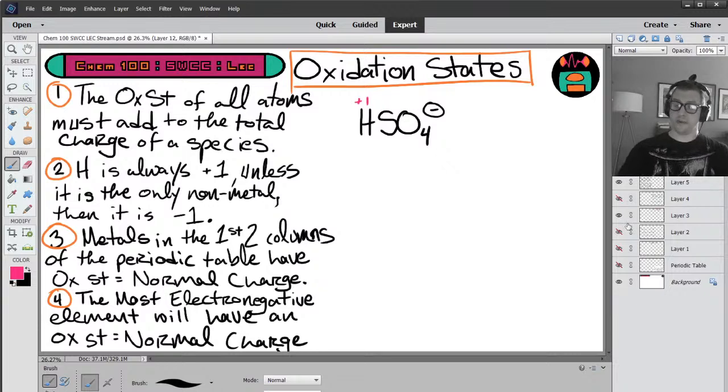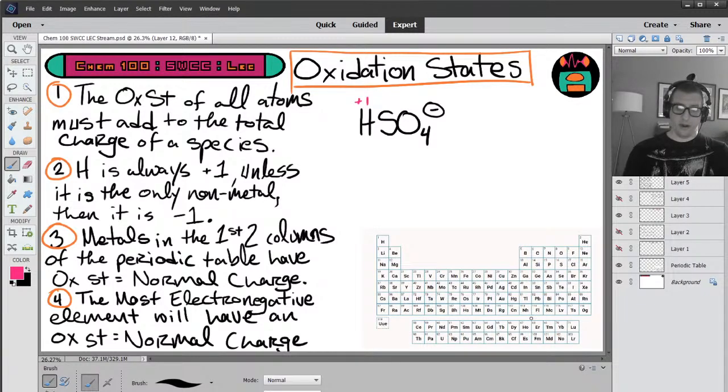We have to drop down to rule number 4. When you compare sulfur's position to oxygen's position on the periodic table, oxygen, because it's higher, is more electronegative. So we're going to give oxygen its regular ionic charge, which oxygen's normal ionic charge is a -2.